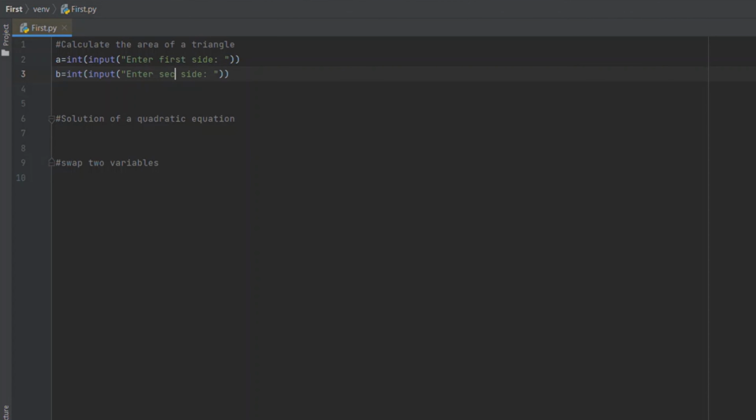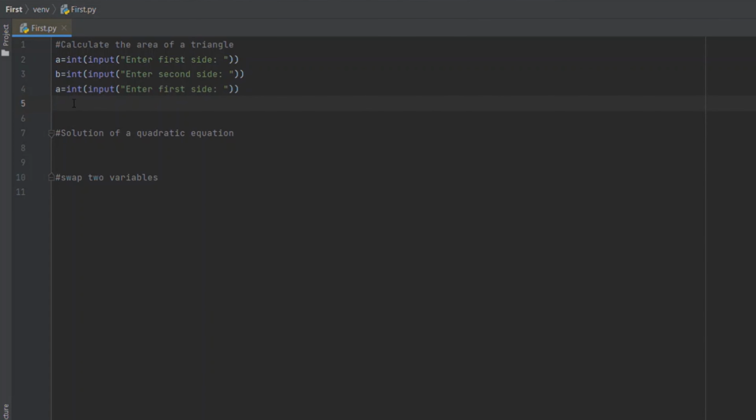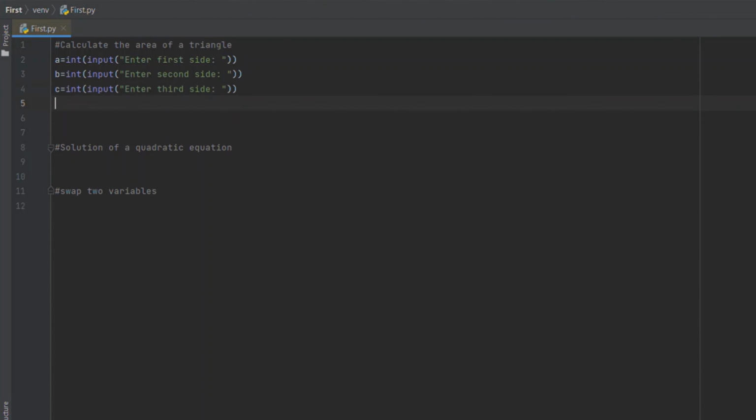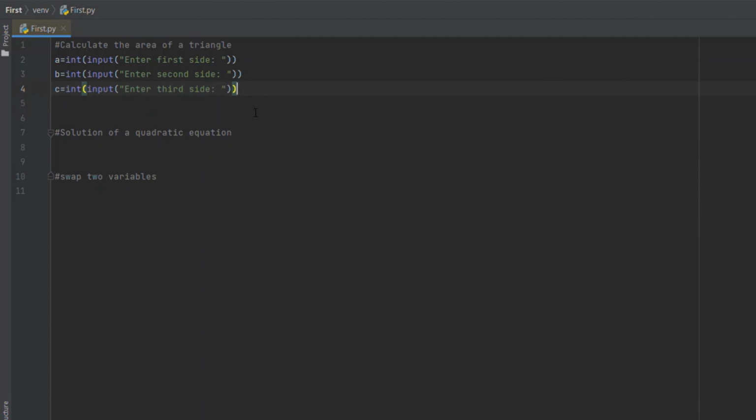Enter third side, c. We already know how to take input. If you didn't know, then you can see our first video. So we have taken input for three sides of a triangle.